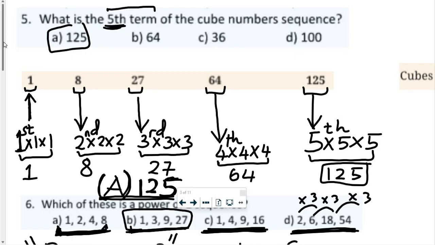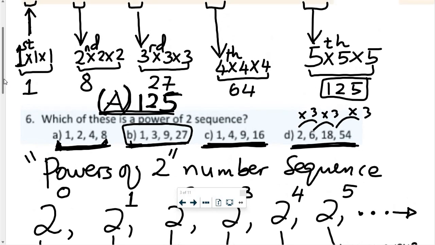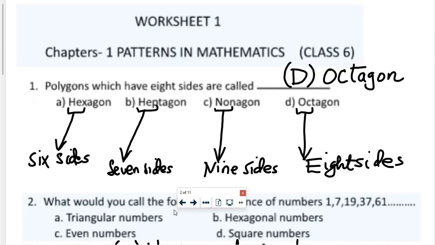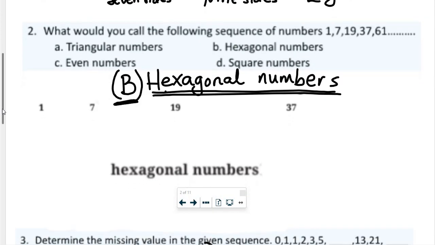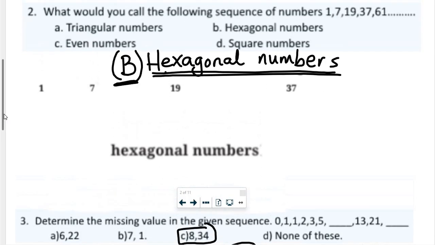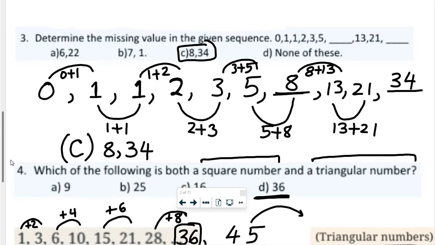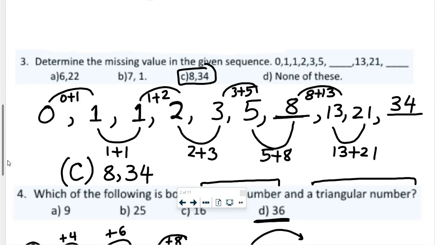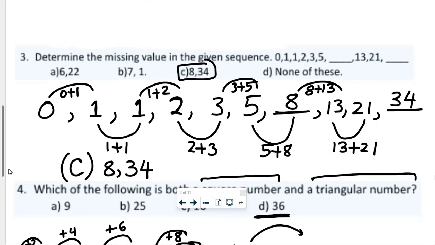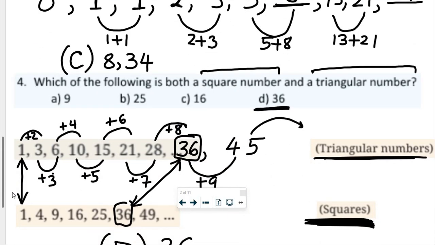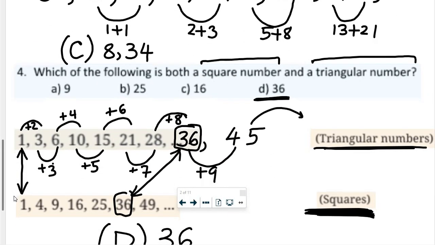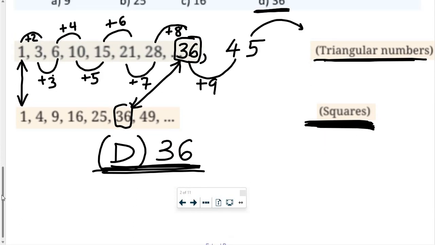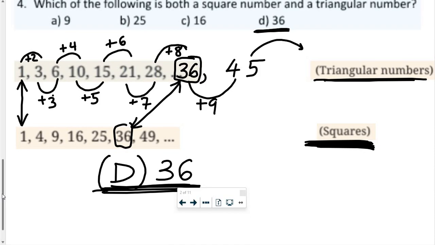I think no. Yes, I talked about triangular numbers, but let me talk about it in more detail. 1, 3, 6, 10, 15, 21.